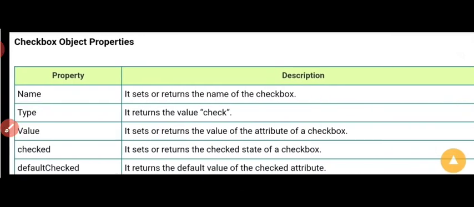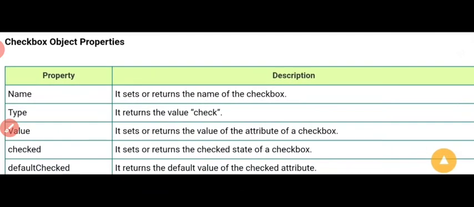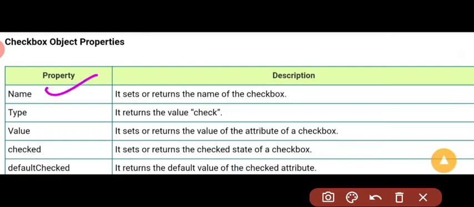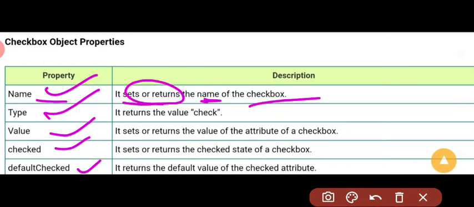Next, what are the properties of the checkbox? We have name, type, value, checked and default checked. The name of the checkbox sets or returns the name of the checkbox.